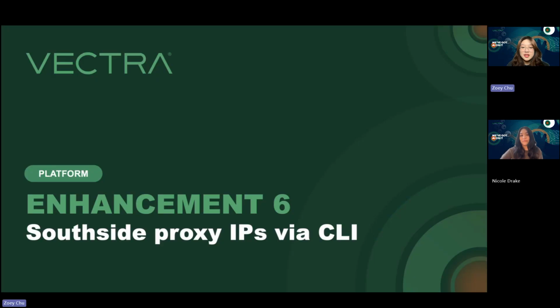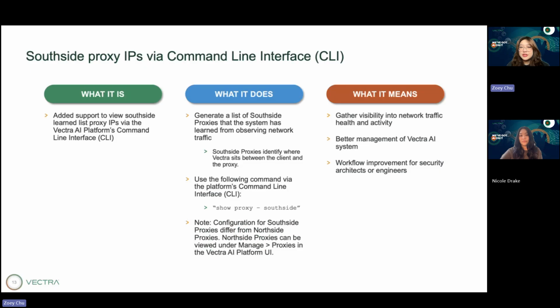Awesome. That's great. All right, Southside proxy IPs via command line. I think this has something to do with all the proxy talk that you just talked about. Yes, so this is related. So with this, we're hoping to help SOC teams and security teams easily check which Southside proxy IP is in use by running the command line, as you can see here on the screen, to better monitor attacker behavior in real time.